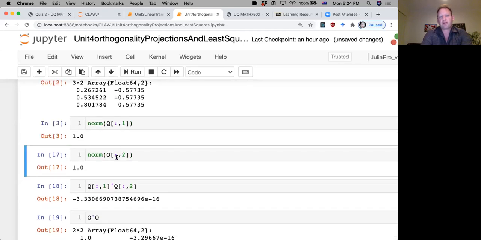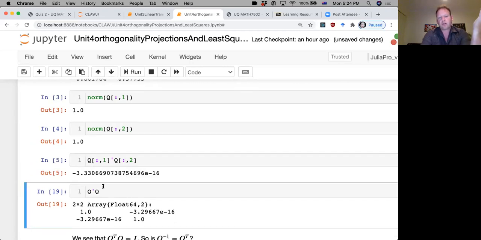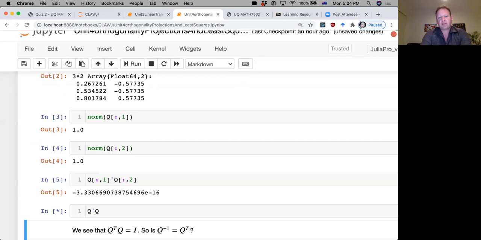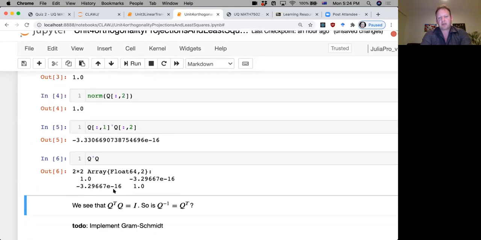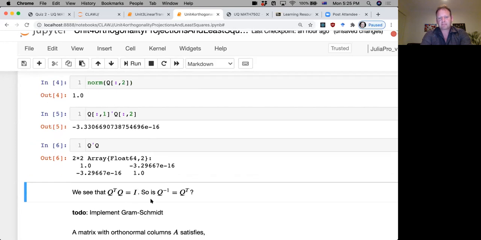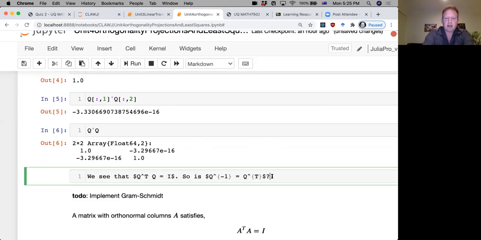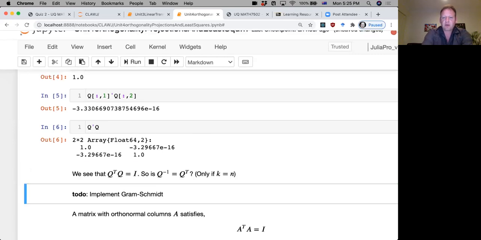So the first column has norm 1, the second column has norm 1, and the two columns are orthogonal. Q transpose Q is then obviously the identity matrix. Is Q inverse Q transpose? The answer to that is only if K equals N, so only if Q is actually a square matrix.